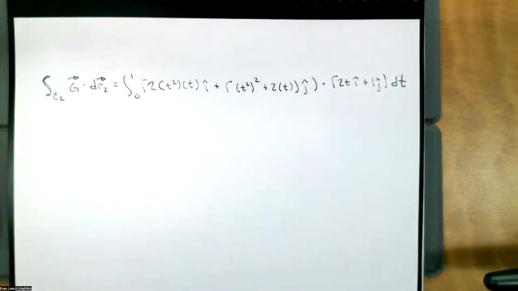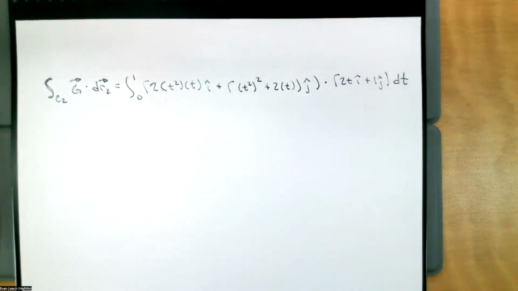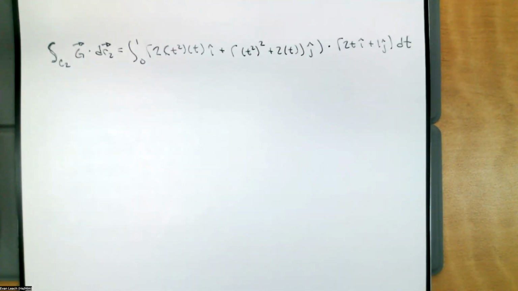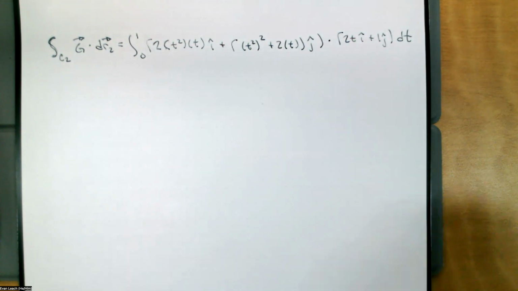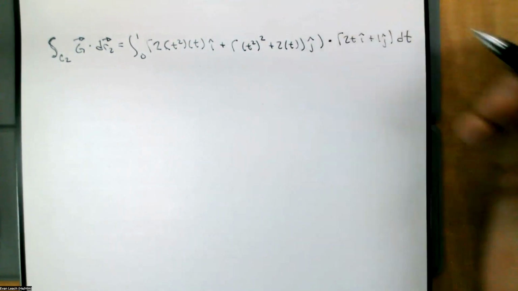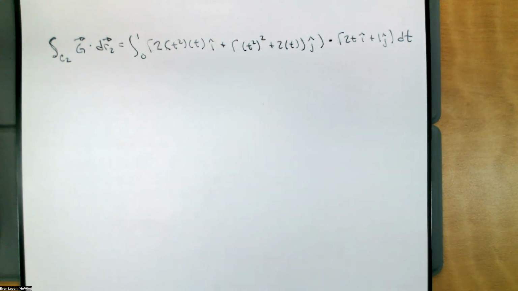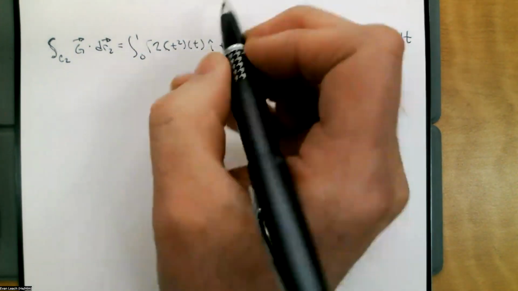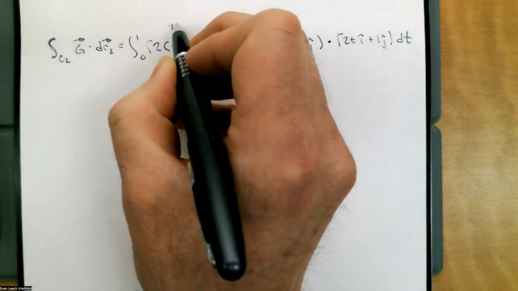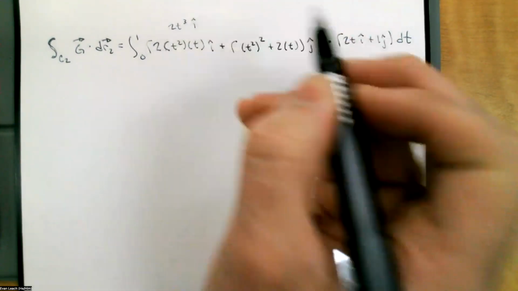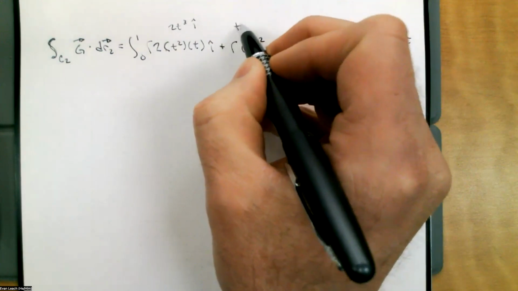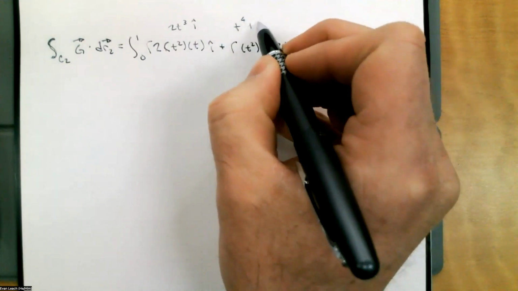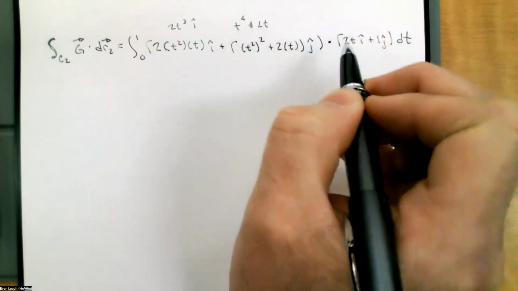Well, nothing to do but go back and fix it. So let's fix it. So we've got a 2t to the third i hat, and then here we have just a t to the fourth plus 2t j hat.